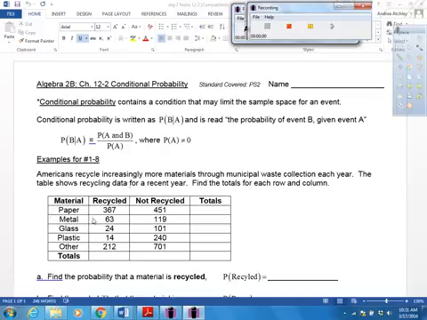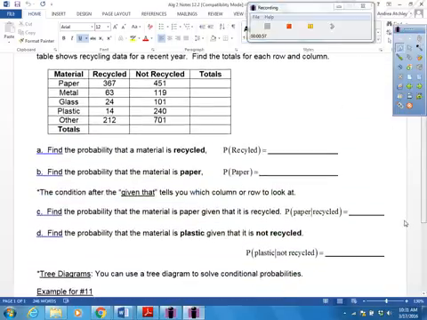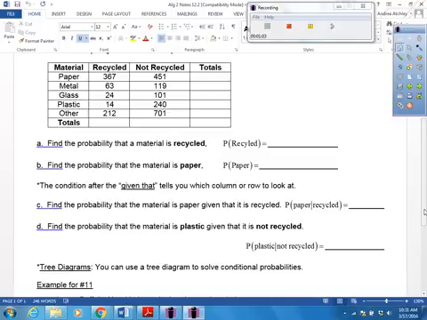Okay, so the first thing we need to do is fill in this beautiful chart of ours. Now, in your homework, they're not going to have these columns or this row here. You're going to have to write that in. I did it for the notes because it makes it a little easier for me to write everything down.